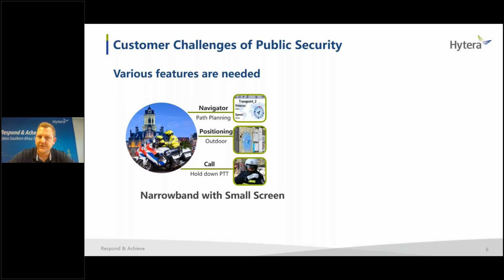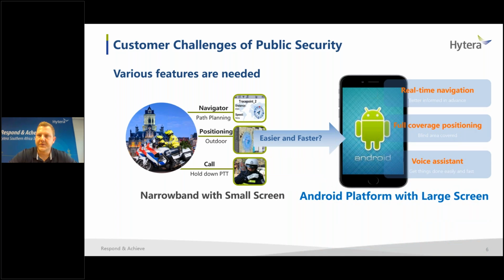You could also use the radio for your GPS tracking, but you would need to have multiple devices to achieve your communication and your GPS navigation. Whereas an Android application has a big display, and you can have all of that information on a single display through a single terminal. So this is also where broadband becomes more relevant than a narrowband product.